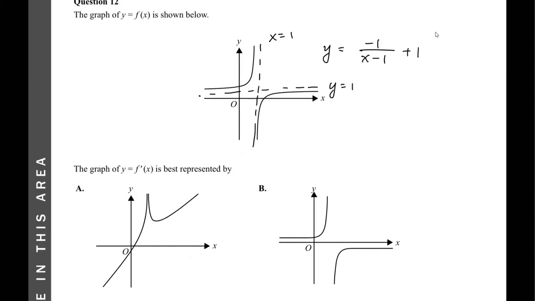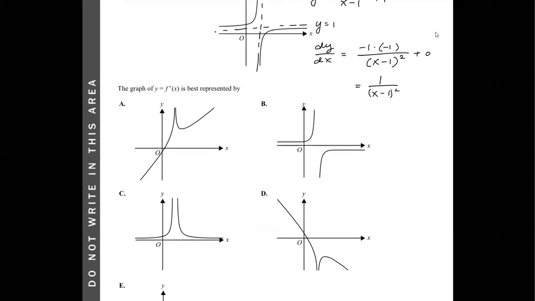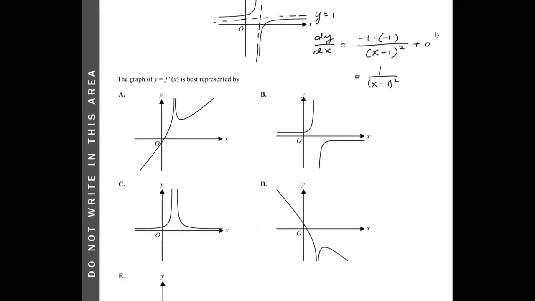Okay, now we want to find the derivative. The derivative dy/dx is simply -1 times -1 divided by x minus 1 squared, plus 0. So it's 1 over x minus 1 squared. This is positive. So option C will be the most appropriate one.